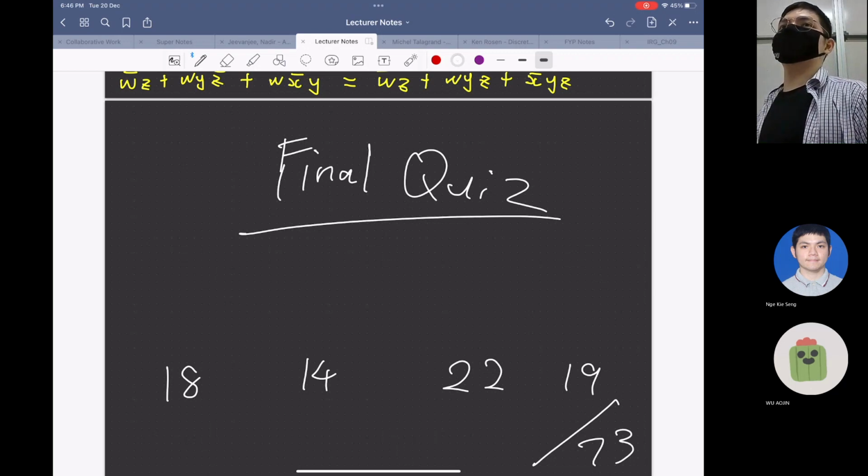Okay, pass to the front your solution. Pass it to the front.